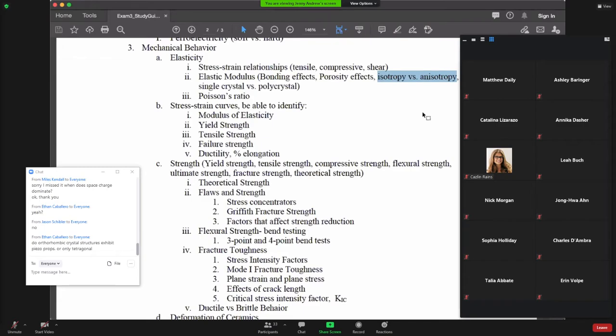What kind of grain structure would be isotropic? Like fine equiaxed grains. Yeah, you just said fine equiaxed grains. What about coarse equiaxed grains? Yeah, I suppose just any equiaxed grain.